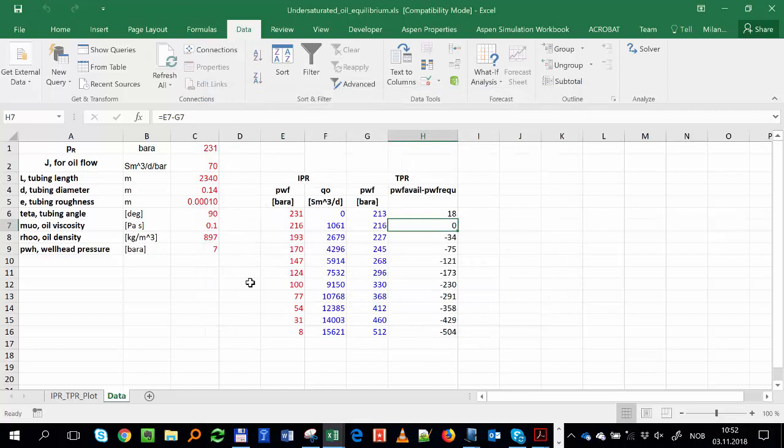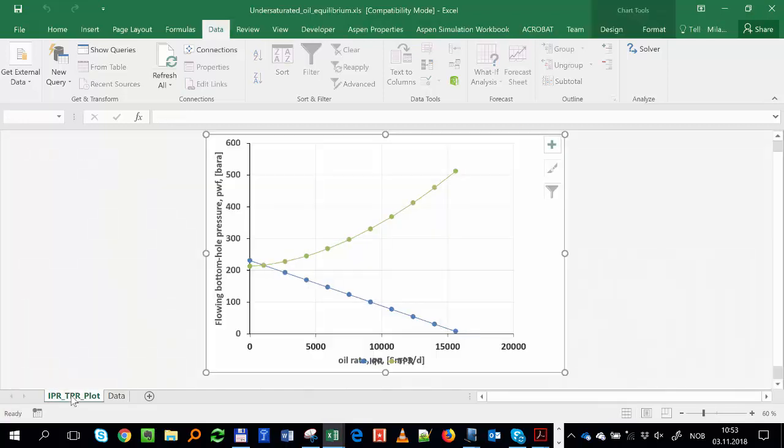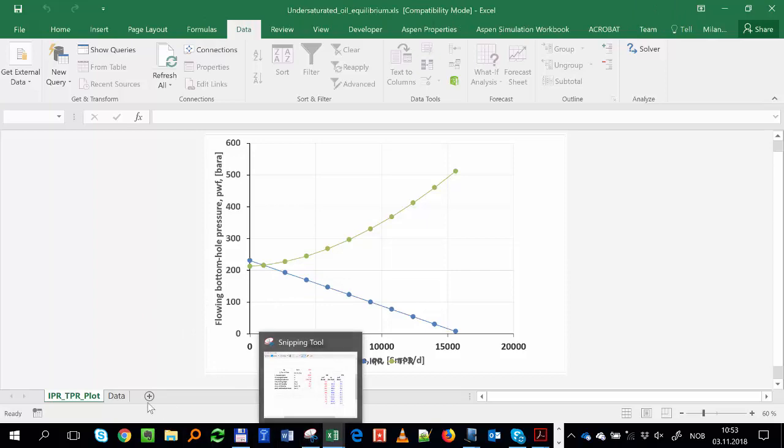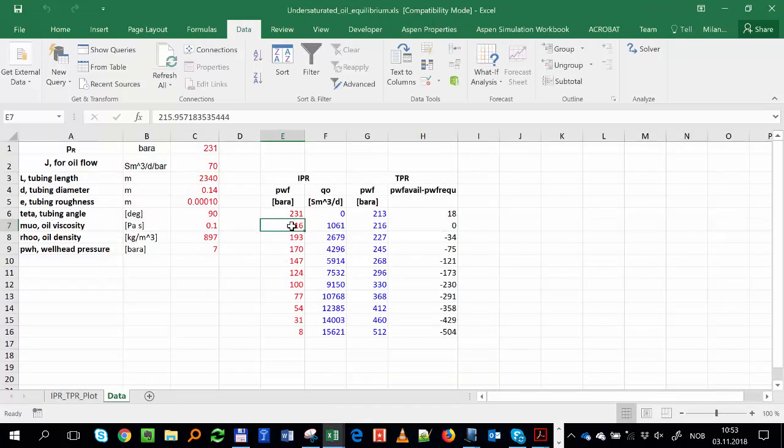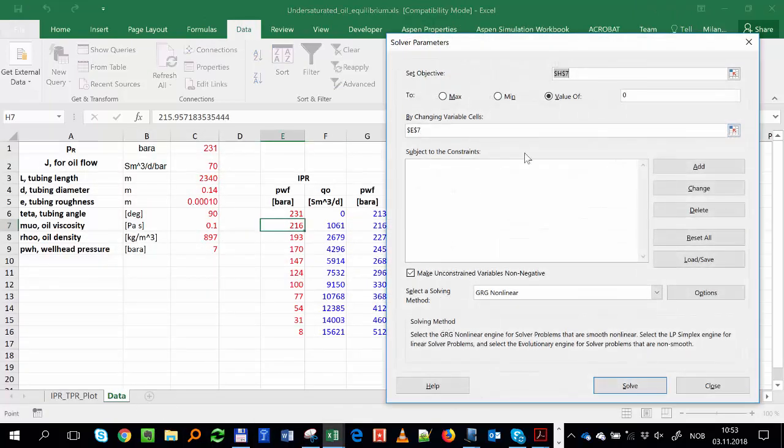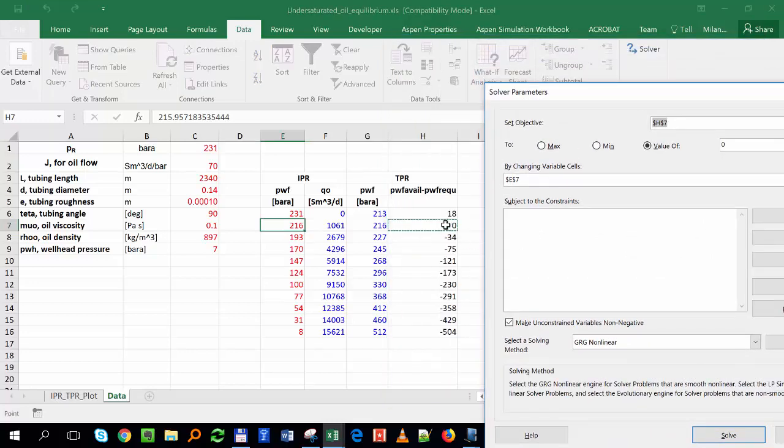Okay, and I obtain that my rate is 1,061 standard cubic meter per day. Okay, it's exactly this point here. You're changing this number. So solver, I'm saying drive the difference such that it will be 0 by changing this number here.